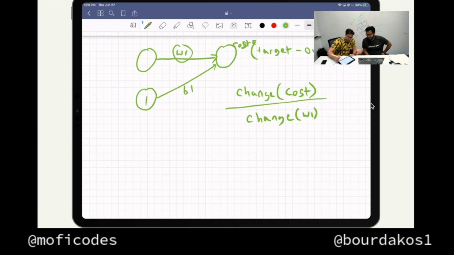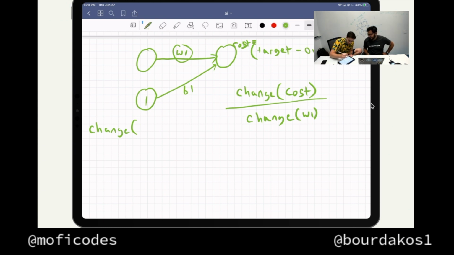So we can use the chain rule to help us figure this out. I'm going to rewrite it over here just because I'm running out of room. So you have the change. Again, I'm actually going to write out the cost function this time in full.